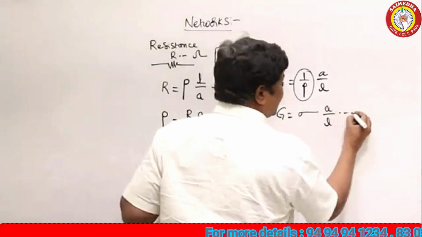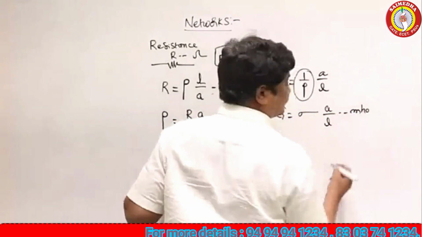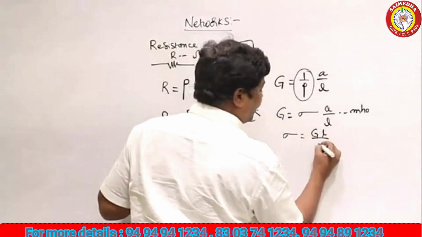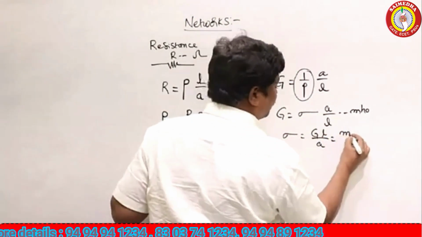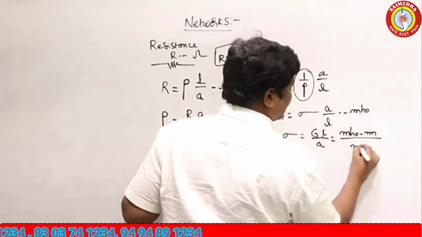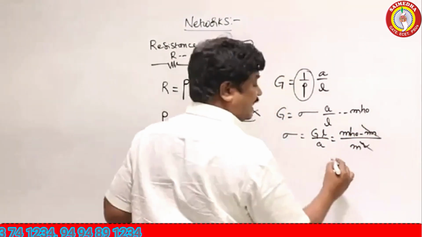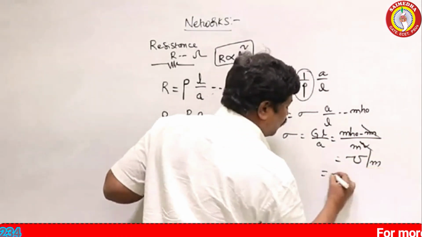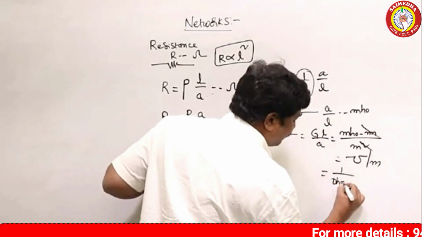Conductance has units of mho or Siemens. And the conductivity sigma is equal to G into L by A. G is nothing but mho, times meter by meter square. This square gets cancelled, which is equal to mho per meter, or 1 by ohm meter we can write.